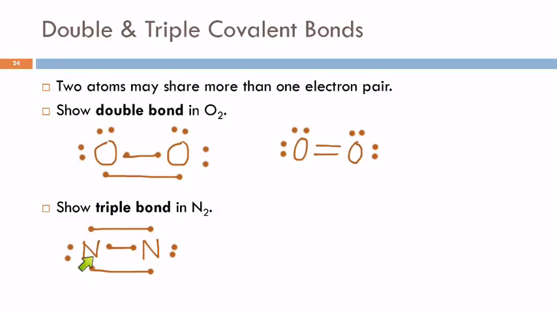This nitrogen atom counts all of the shared electrons as belonging to him. So 2, 4, 6, 8. He's happy. 8 electrons. This nitrogen, same situation. 2, 4, 6, 8. And so we can draw that a little nicer over here. There's 3 lines, and then there's a lone pair on each side.